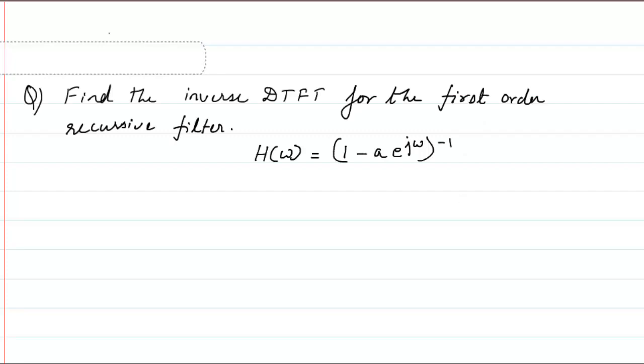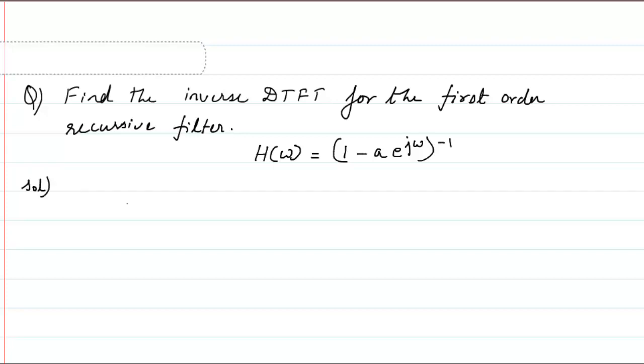Next, let us start with some of the simple examples of inverse DTFT. So find the inverse DTFT for the first order recursive filter. Now you might be thinking, where has this first order recursive filter all of a sudden come from? Don't look at that. Just look at it as some filter which is having a transfer function H of omega equal to (1 minus a e raised to power j omega) raised to power minus 1.